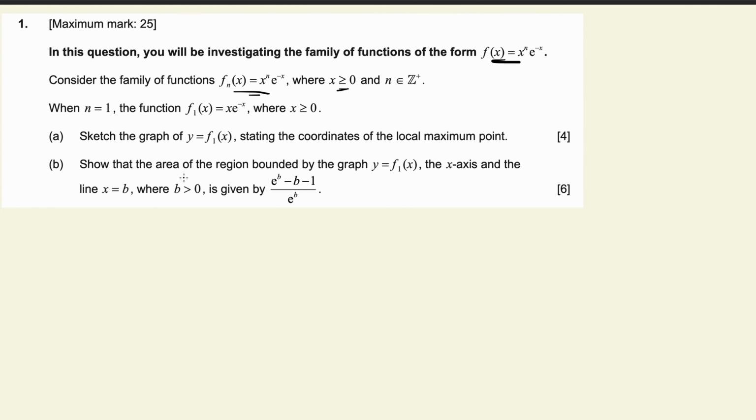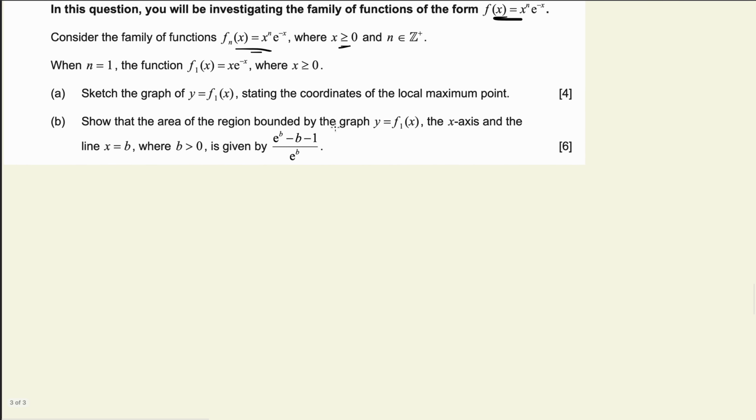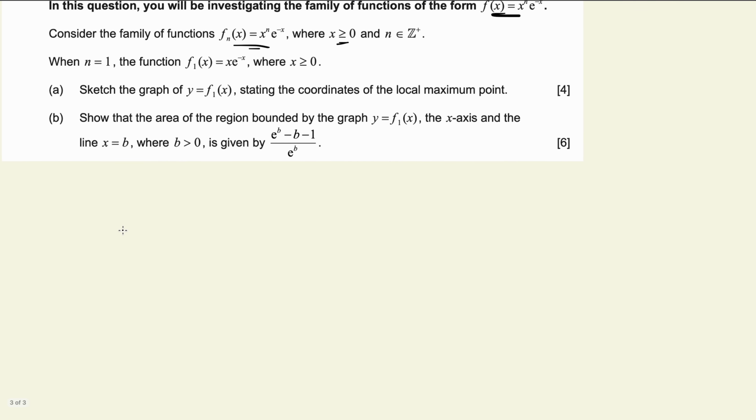Alright, show that the area of the region bounded by the graph is given by... so the area is the integral from 0 to b of x times e to the power of negative x dx. Now you can use integration by parts, but I like to use the table method for this, much quicker.